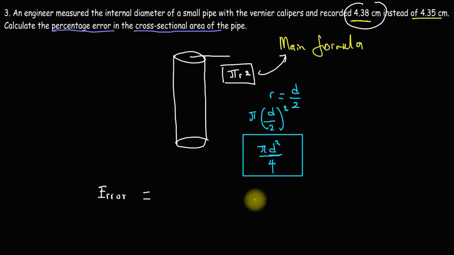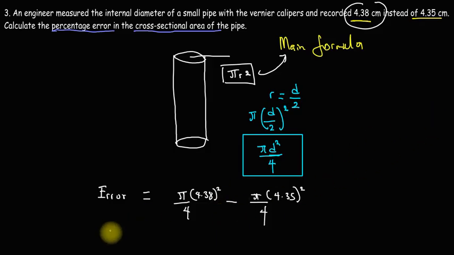pi all over 4 is a constant, right? In bracket 4.35, which is our diameter squared, subtract it from pi all over 4, then 4.38 squared.